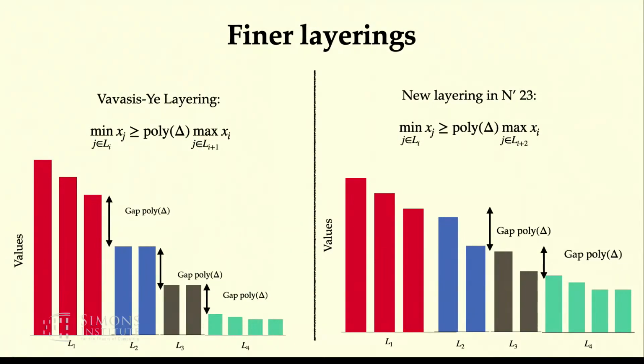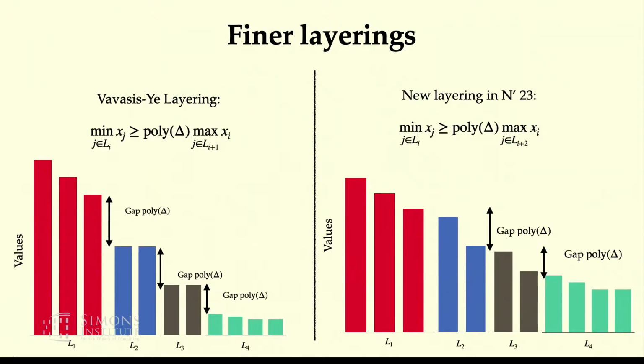It is enough if layers that are by index 2 apart are separated by a polynomial factor in delta. And that allows you to create layers essentially whenever. You don't need to be lucky, or wait until a big gap appears. So here, I only want the red part to be separated by a gap from the gray part, and the blue part to be separated from the light green part, again, by a polynomial factor.